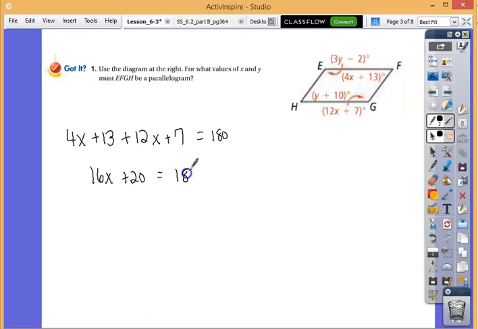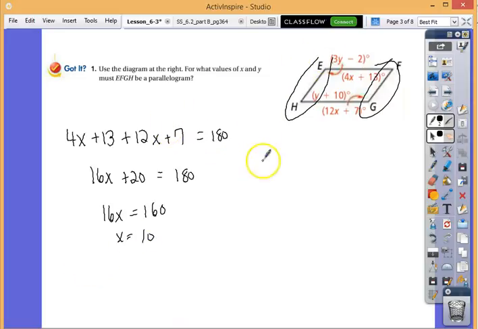Now I only have one variable to worry about. By doing these two consecutive angles, which are supplementary, I'm able to solve for x. 16x is equal to 160. So what would x equal? 10. And then if I do these two consecutive angles, they both just have y's.